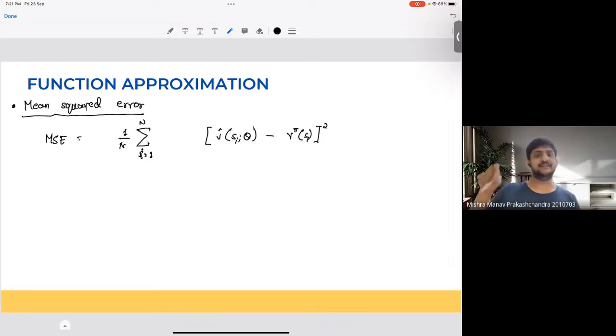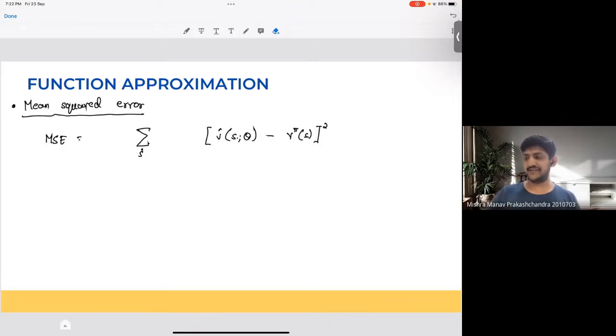But here, what it does is it inherently assumes that each state's sample that I draw will contribute equally when I'm computing the average, or the mean over all the squared errors, right? So the change here should be something like, I remove the 1 by n term.